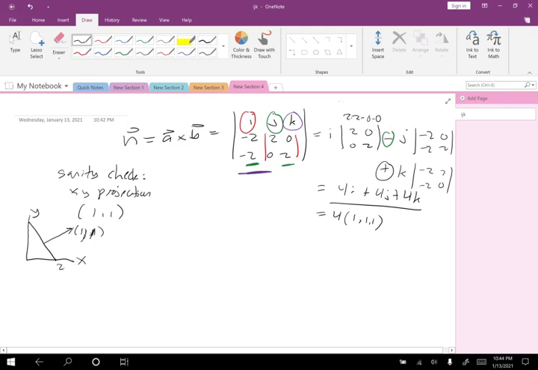And this was 2, this was 2. So again, we see it's perpendicular, so that's good. So we have our normal vector, so now write the equation.